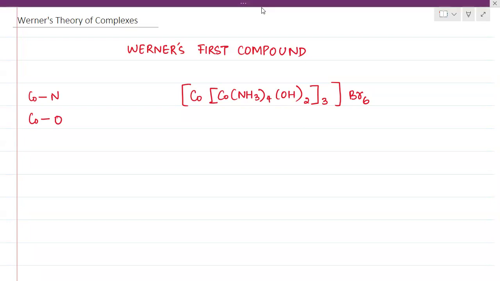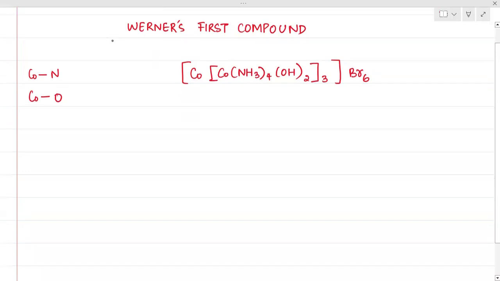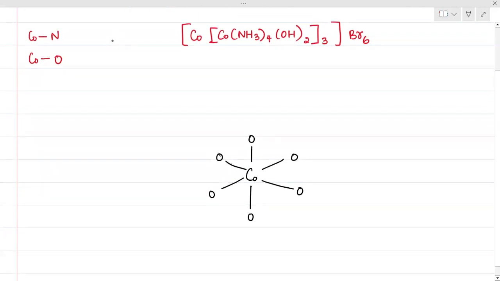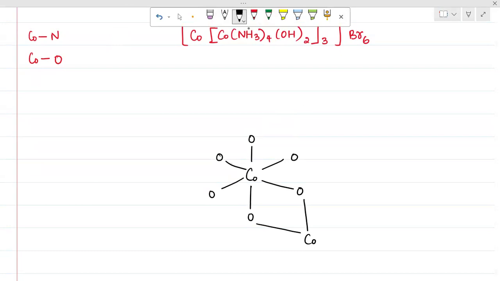So you should know the structure, otherwise you cannot answer this. So please note, central cobalt is attached to hydroxyls. And then further, this is attached to the next cobalt, this is attached to the next cobalt, this is also attached to cobalt.